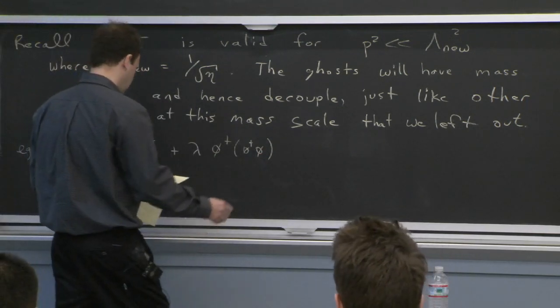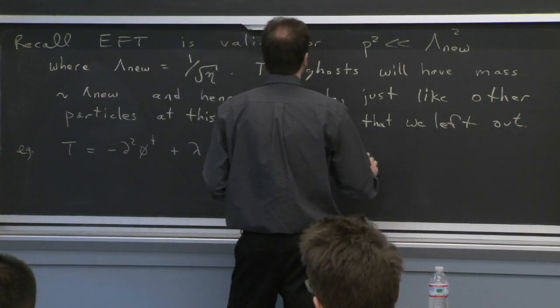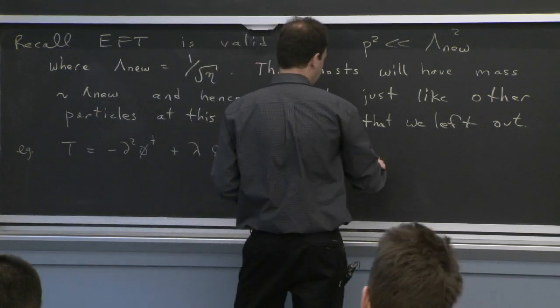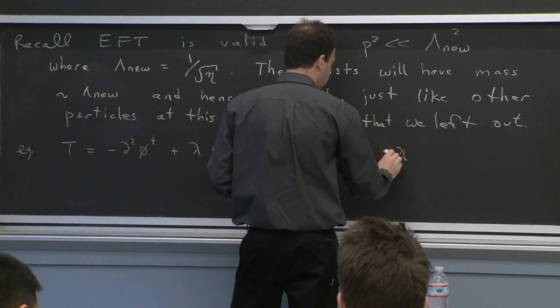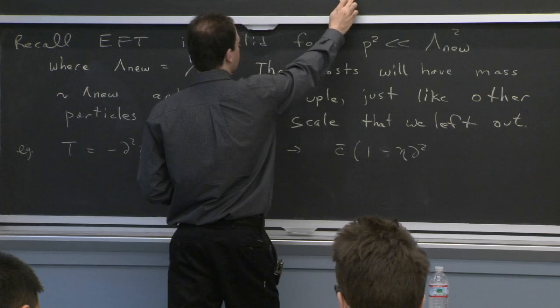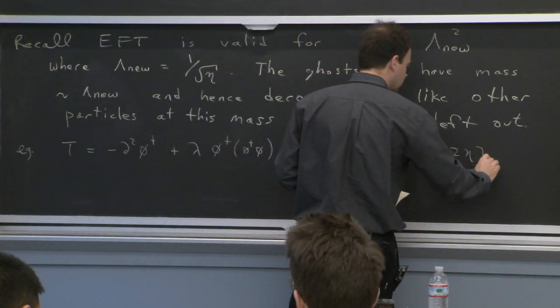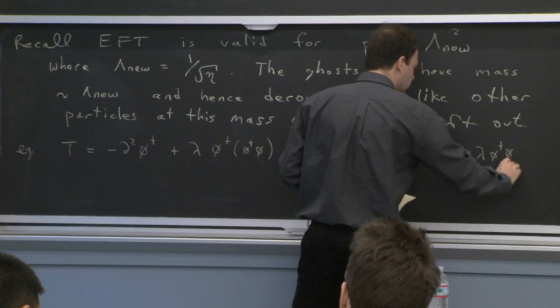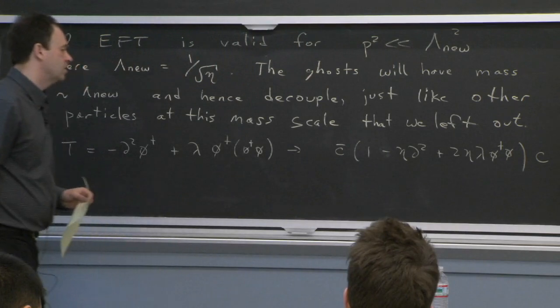So if we pick this to be T, we have this term, which has no relation to T. That term is important. And then we have the terms from this. And so we'd have a ghost Lagrangian that would look like that.